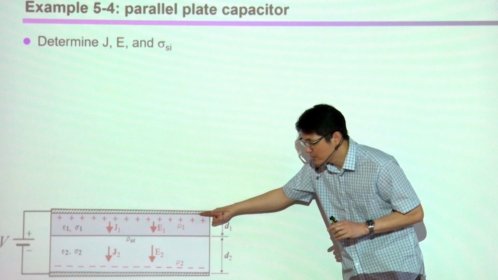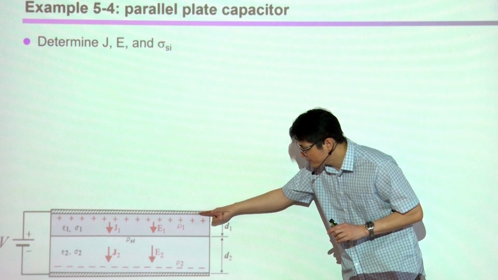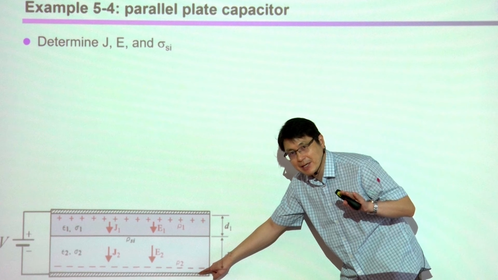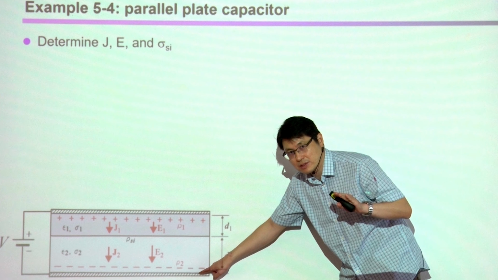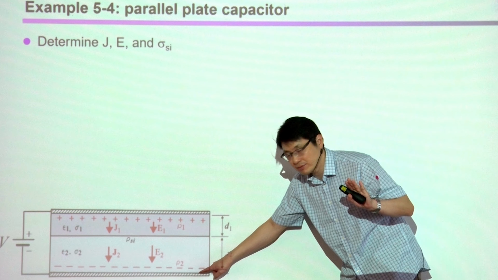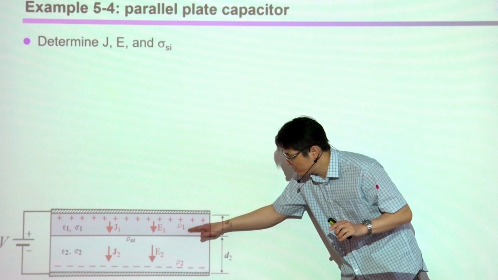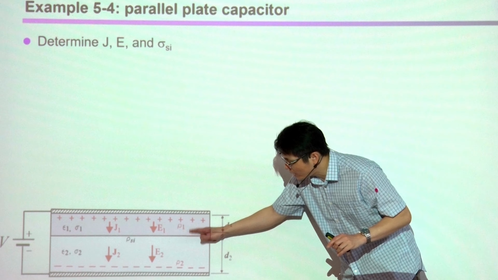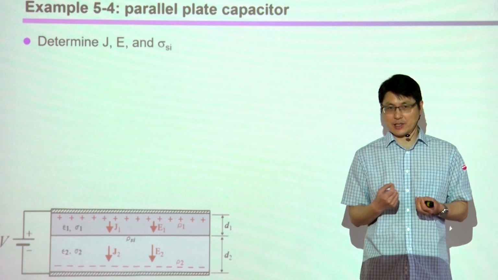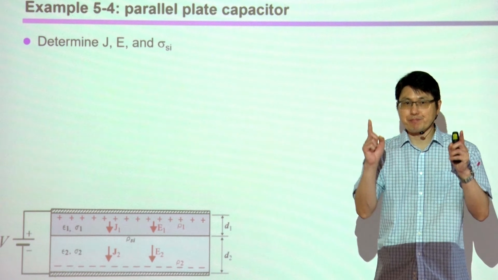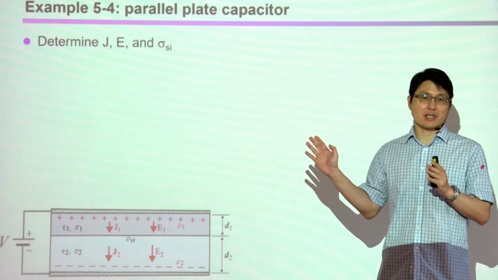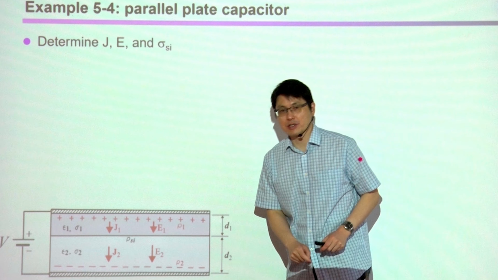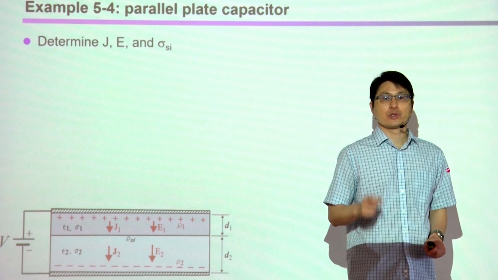So you have surface charge density 1, surface charge density 2, and these are both metal dielectric interfaces. Easy to solve. But now you also have a third interface. This is across two leaky dielectrics, right? So remember, whenever you meet this type of problem, you have three different surface charge densities to be solved.